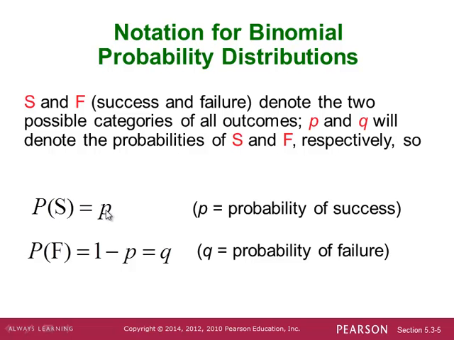And we're going to just generically call that probability P, as in the letter P. Probability of failure, we'll call that Q. And P plus Q must be equal to 1, because the complement of a success is a failure, and the probability of a success plus the probability of the complement of success must be equal to 1. So if you know what P is, then 1 minus P is going to be what Q is.